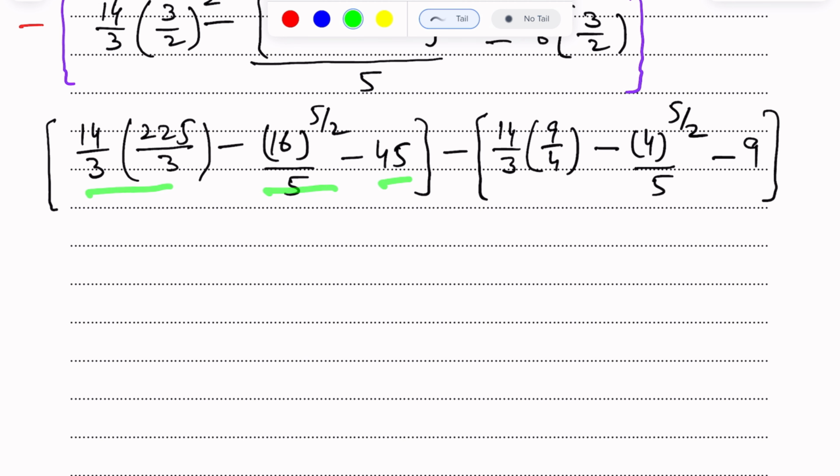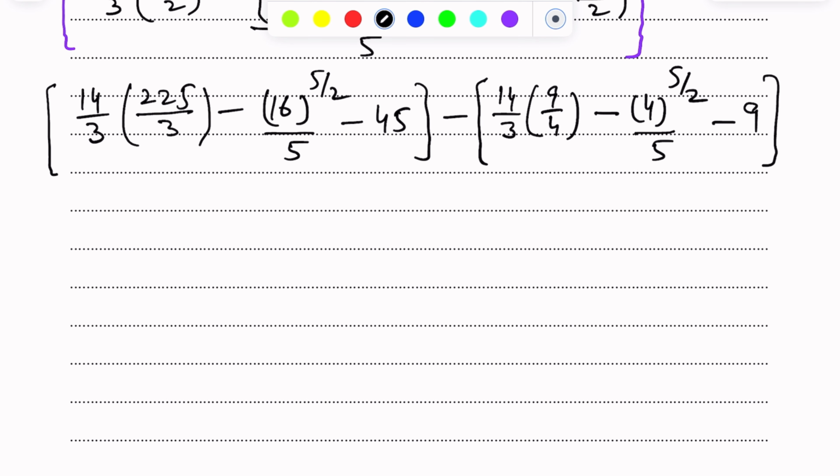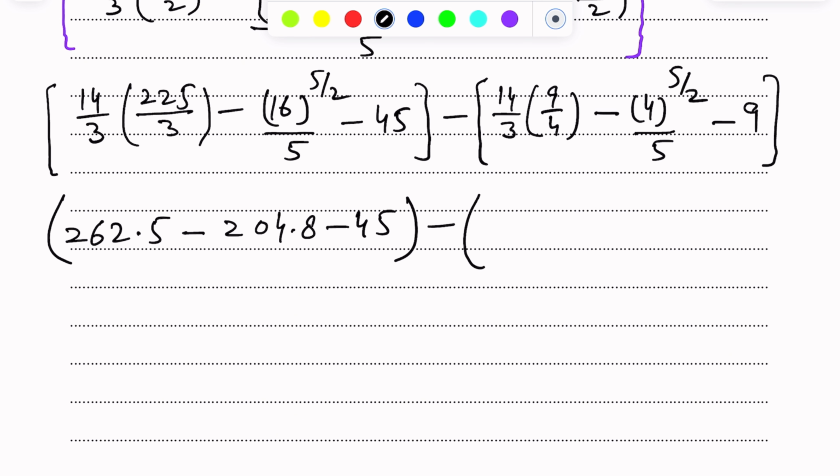Simplifying these and getting the answer in decimals, we get 262.5 minus 204.8 minus 45, the upper limit, minus the lower limit after simplifying, 10.5 minus 6.4 minus 9.